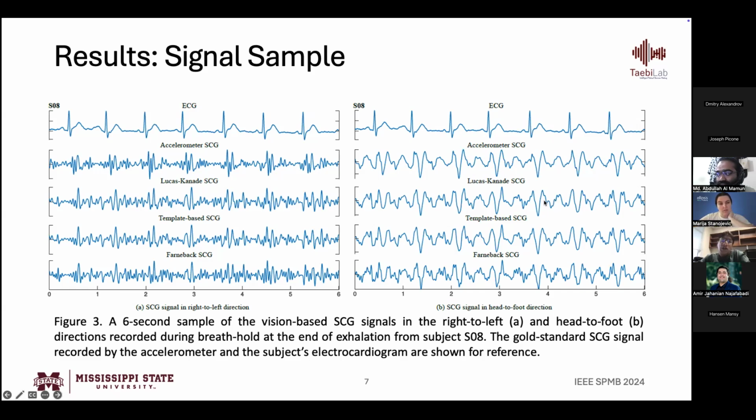It is actually noise, because when we capture the SCG signal from the vision-based method, we always see some high frequency noise. Those are clearly seen in the right to left direction signal, because the right to left movement is very subtle, so we get more noise than in the head to foot direction.